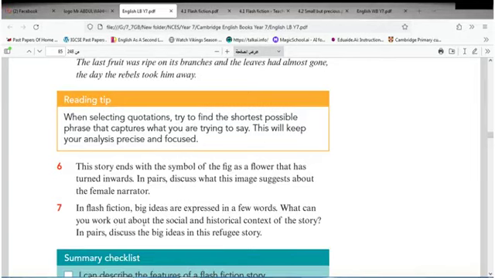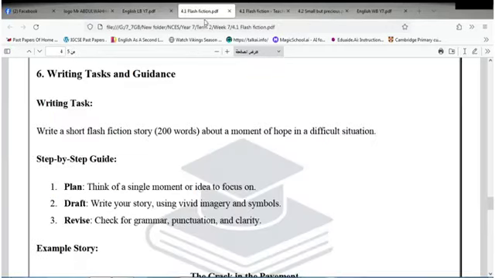What can you work out about the social and historical context? Is this story old or modern? And what do you think the big idea of the refugee story is?